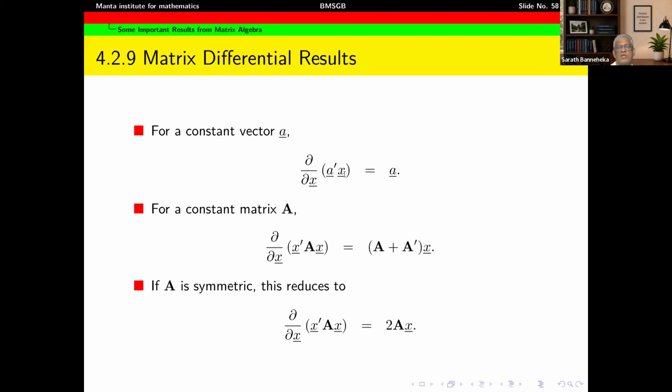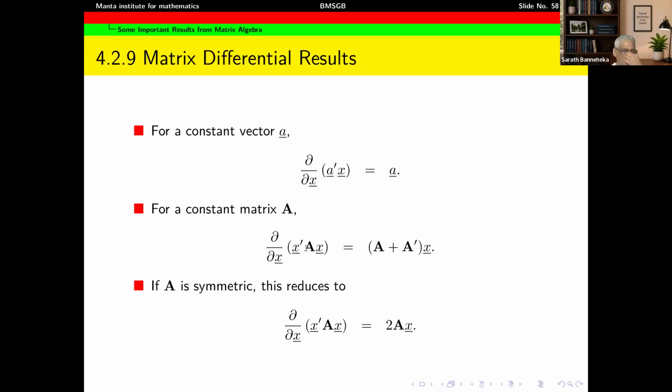Because it's going to be A1 x1 plus A2 x2 plus A3 x3 and so on. So when you differentiate that with respect to x, you are actually differentiating with respect to x1, x2, x3 individually. In that case, you will get A1, A2, A3 separately, and that will give you the vector A, right? So that is one equation.